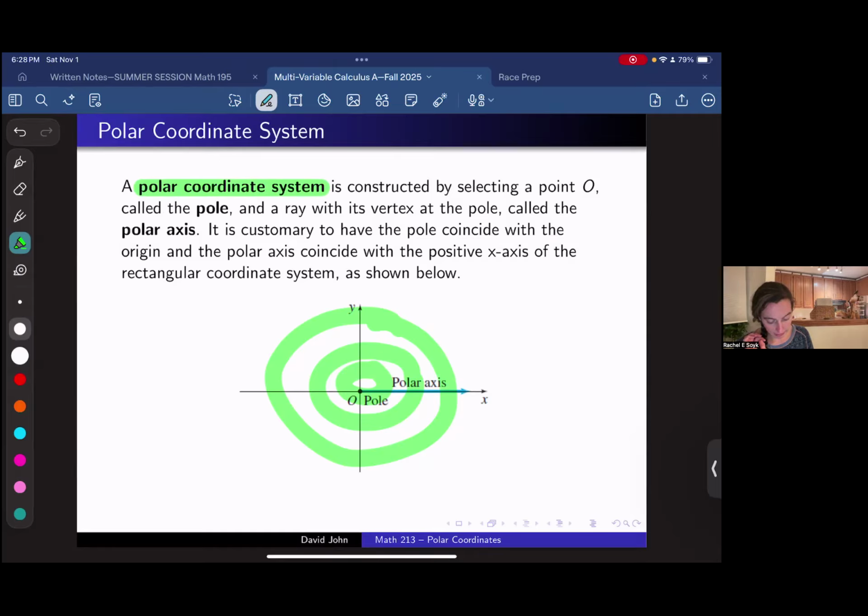Let's continue. I guess I'll read this whole little blurb here so that we can look at some new vocabulary words, our pole and our polar axis.